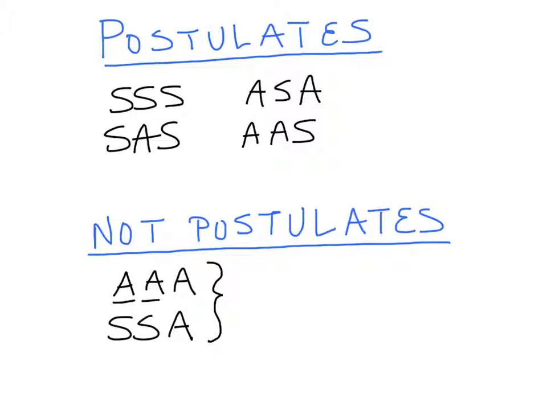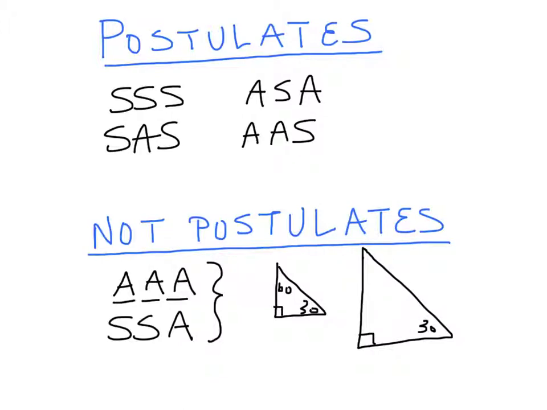When we have all 3 angles of a triangle, for example, we can have a triangle that is 30, 60, 90, and have another one that is also 30, 60, 90, and yet they are completely different sizes, so they would not be considered congruent. So these 2 are not postulates. It's very important that you know they're not, so that when you're in the middle of working the problems, you're not just accidentally throwing together any letters that look like they would work.